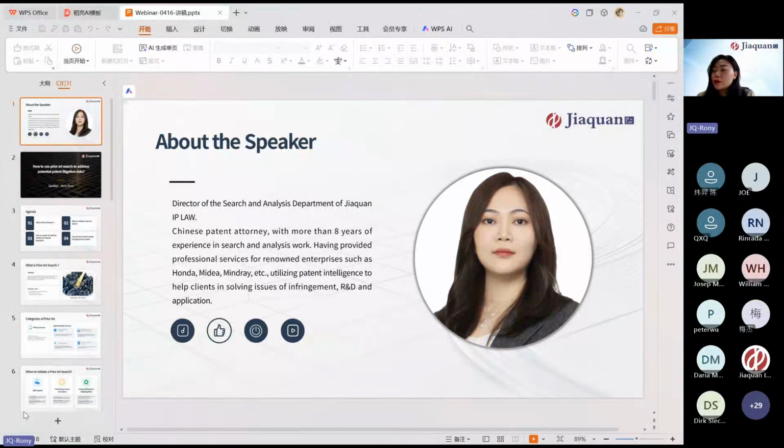But we've also observed that in some cases, a more thorough prior art search might have a negative impact on a patent application. For example, when filing a US patent application, an IDS document is required. If the evidence found in the prior art search is too close to our application, it could hinder the granting of the patent.